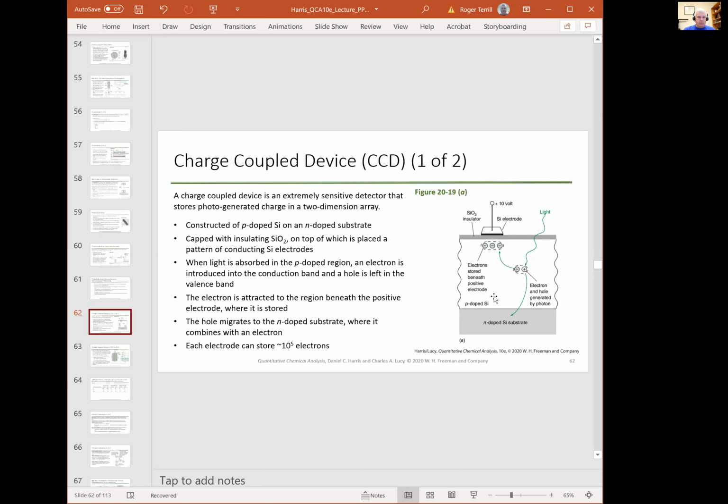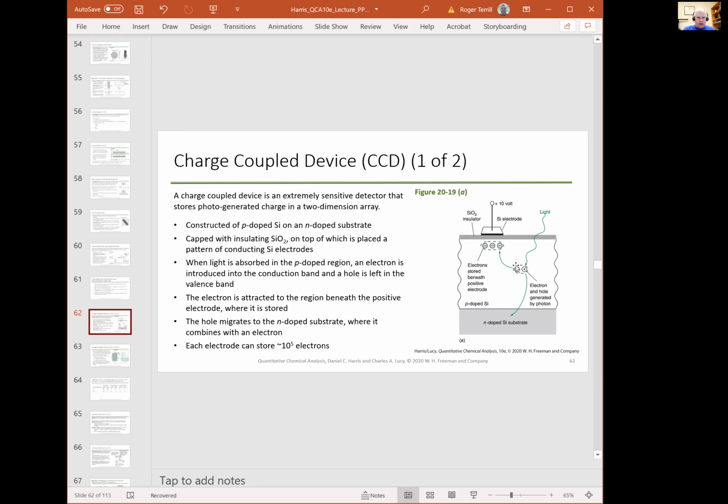In this case, you have p-type silicon, and in this region around the plus 10 volts, you're going to repel the positive charges, because you've got plus 10 and p-type silicon here. So there'll be a depletion region around this capacitor.